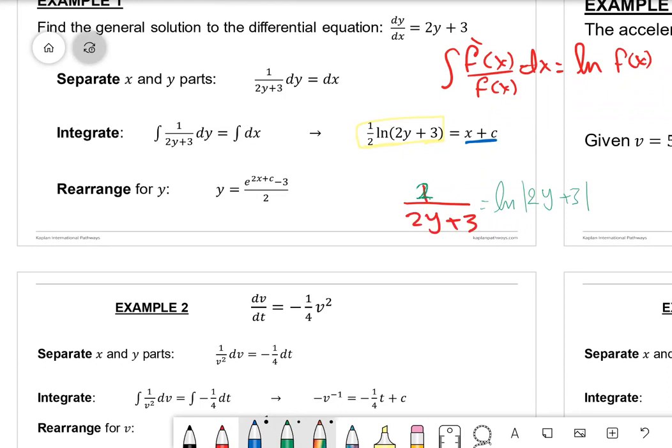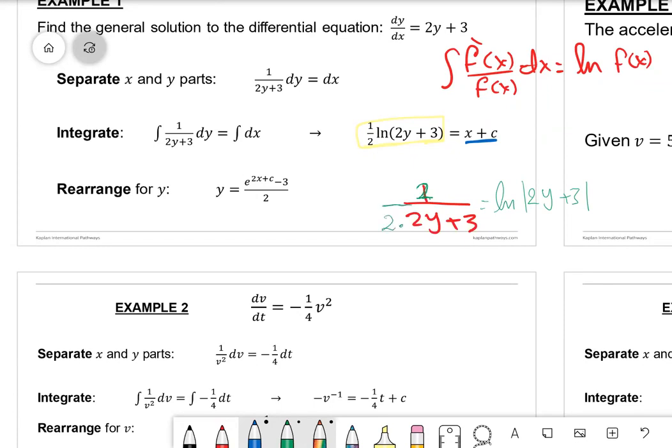We have 1 over 2y plus 3. So to be able to write it down as ln 2y plus 3, it's like we multiplied by 2, but we can't, because this is a term, we can't just change it as we like. So it's like we multiply by 2 and we divide by 2.